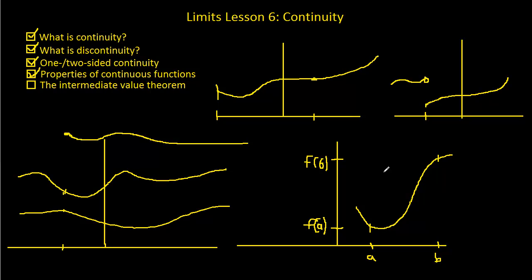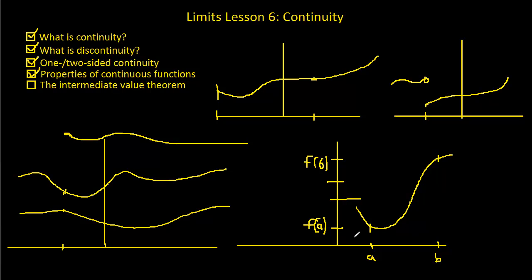So what we're saying is, if we start at a and go to b and move along this curve, we'll touch every single point along this section here. So if we pick anything along here, and because this is continuous, boom, right there, there's a y value for that. And boom, here, there's a y value for that, between these two points.